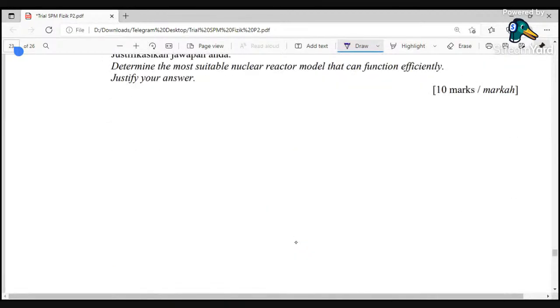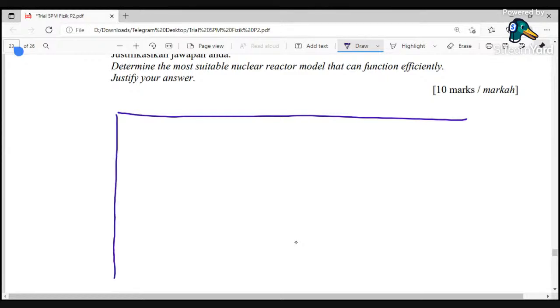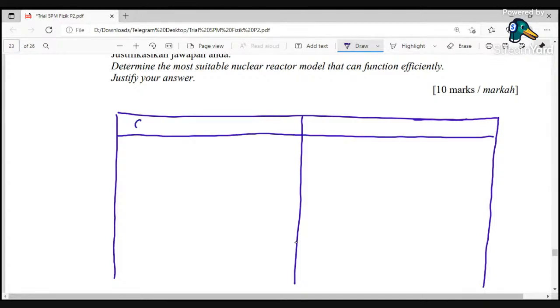As usual, table form. Characteristic, reasons. Okay, first, the properties of P. The control rod is boron.